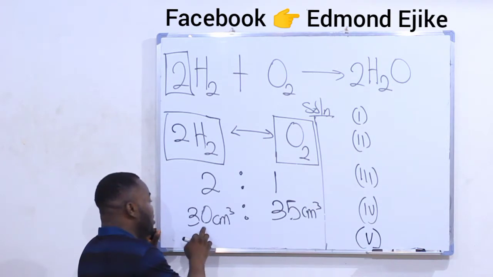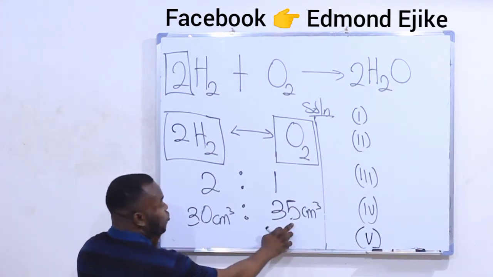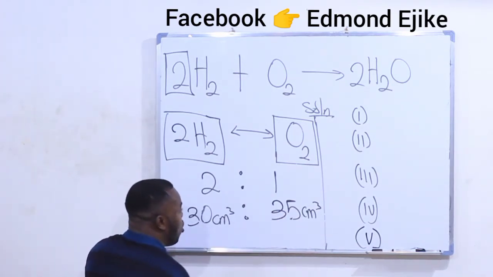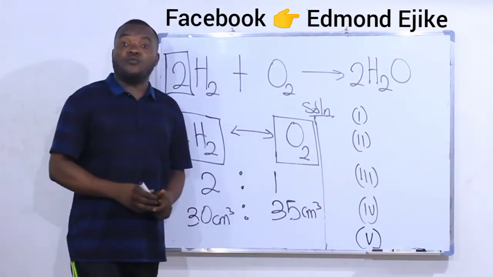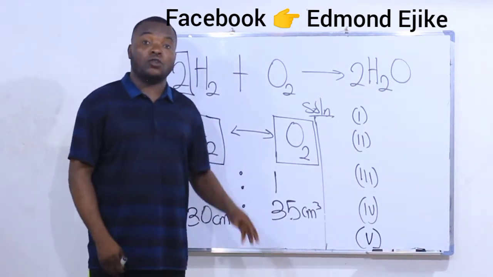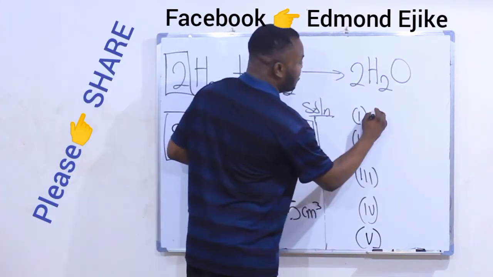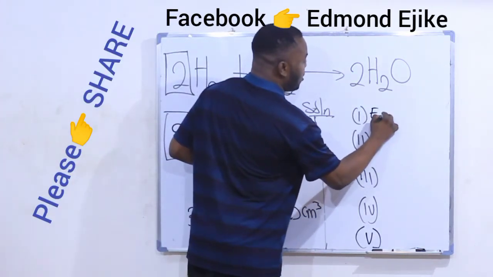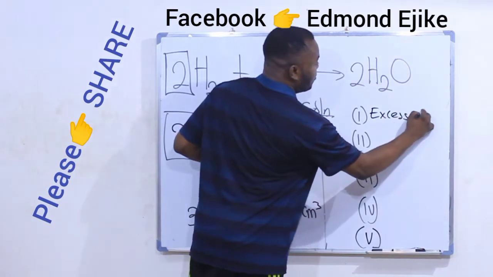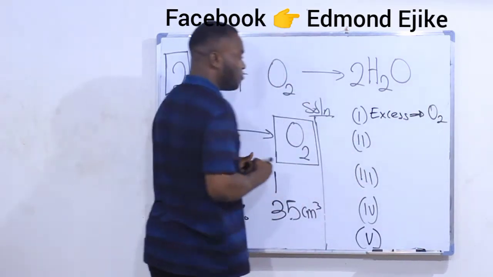Since we have 30 hydrogen, we are supposed to have 15 oxygen. And because we have more than 15 oxygen, it simply means that oxygen is in excess. So number 1 answer is oxygen. The one in excess is oxygen gas.